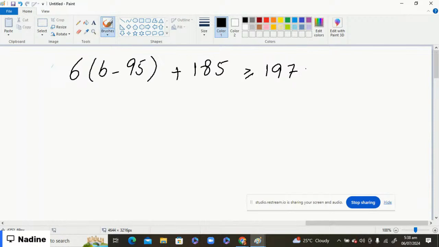We are going to solve this inequality too. So how can we solve it? Okay, we just check it one by one. First of all, we are going to get rid of that 185.